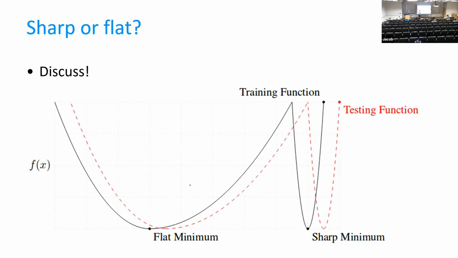The key is that we can spread out or make minima wider or narrower based on the scale of our parameters. So we can have two networks with different values of weights but functionally the same behavior, by scaling up in one layer and scaling down in the next layer.